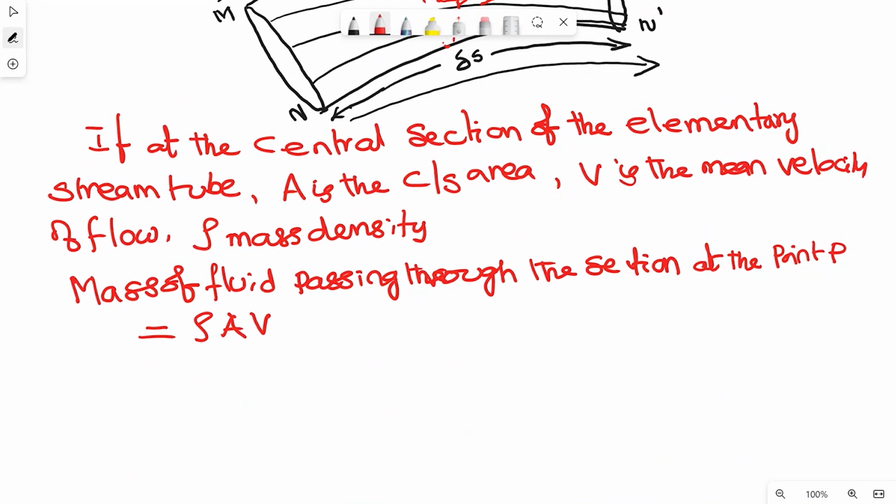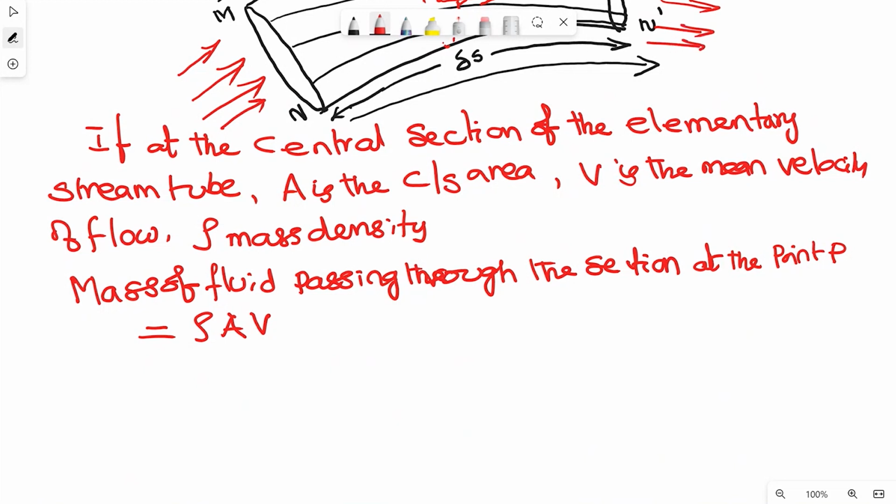Now, we are not more interested in the center. By determining at the center, we want to find the mass of fluid entering through MN and the mass of fluid leaving through M dash N dash.